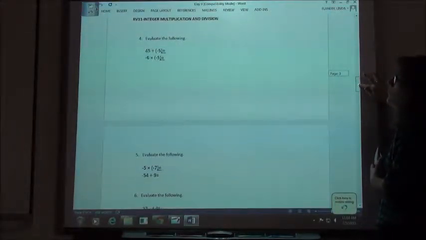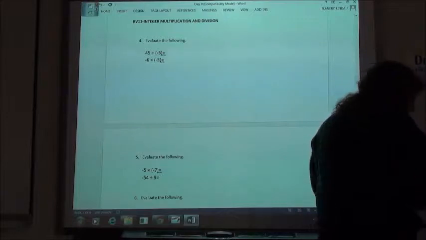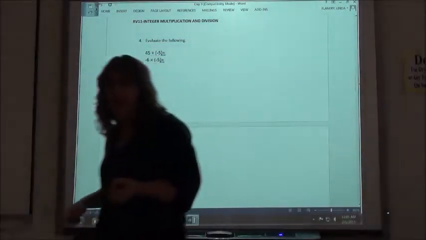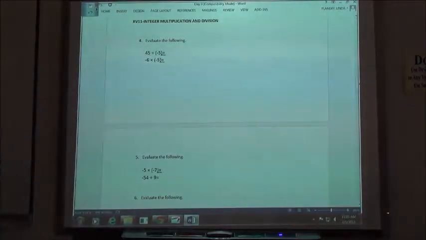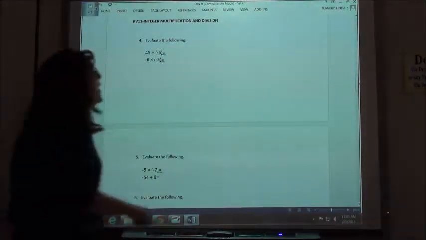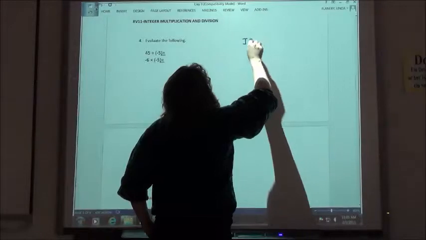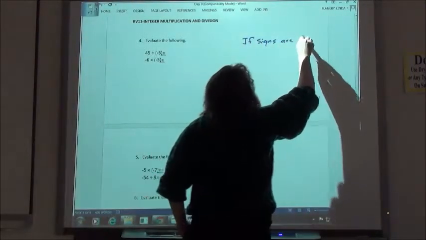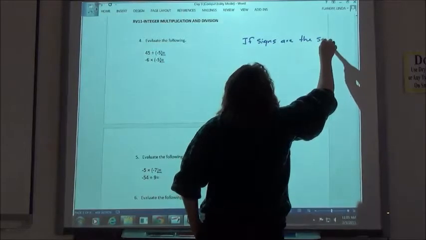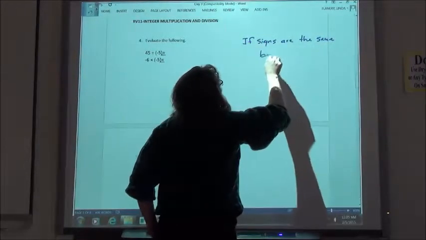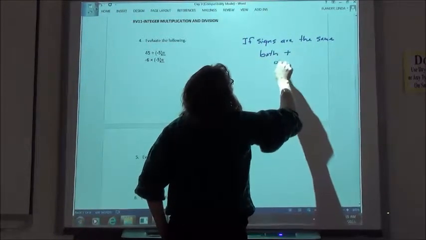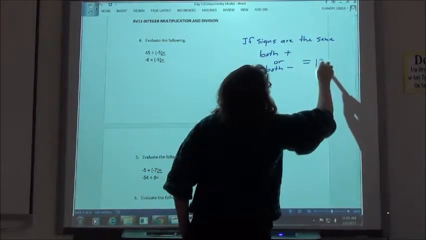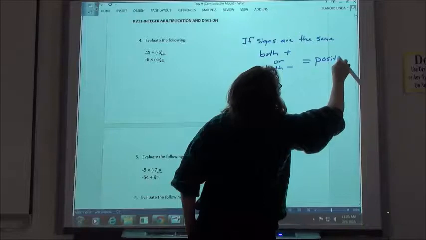Now we're doing the rules for integer multiplication and division. The rules for multiplication and division are different for the signs than the rules for adding and subtracting. When we multiply and divide, if my signs are the same, either they're both positive or both negative, I'm always going to get a positive answer.